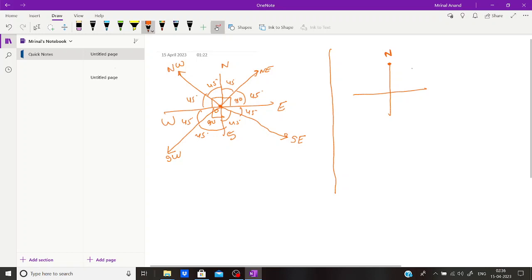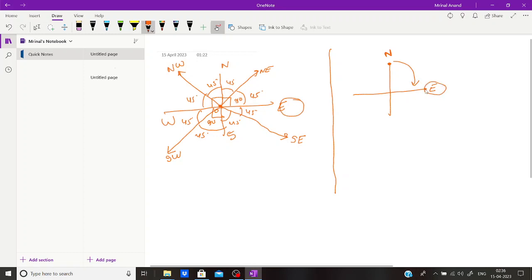The question is, if you are facing north, and someone asks you to move 90 degrees clockwise, then you are going to move in this direction, and the direction is what? This direction is the east. From here you can see this is the east.